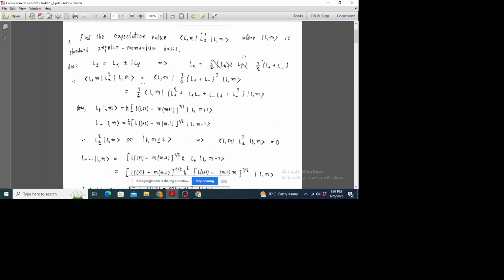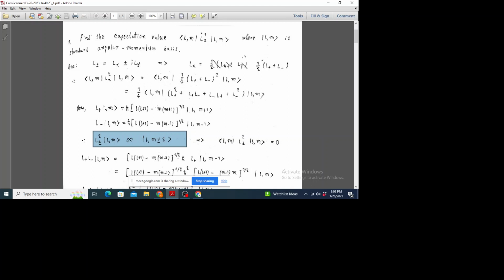Now, using this knowledge, let us proceed to actually calculate the expectation value. We can straight away see that if you act twice with L plus, your m eigenvalue will be m plus 2. And if you act twice with L minus, your Lz eigenvalue will be lowered by 2 units.